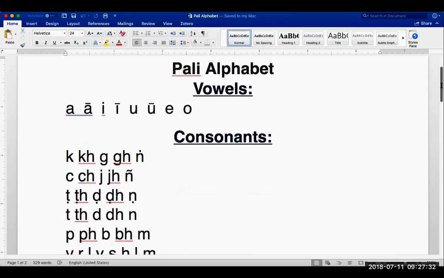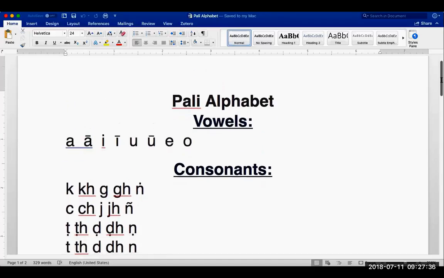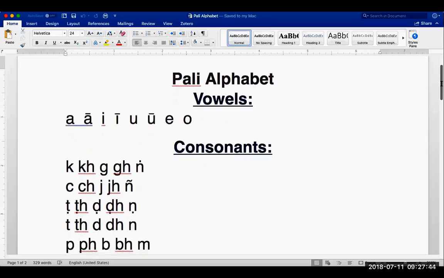As you know, the English alphabet has only 26 letters, but in Pali we have 41 letters. So we use the 26 letters of the English alphabet and have expanded them with the use of some marks. You can see some symbols over here and there, right?